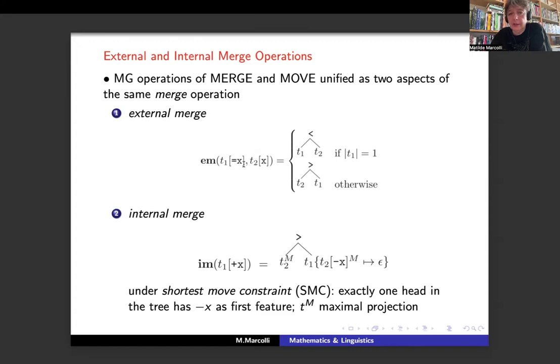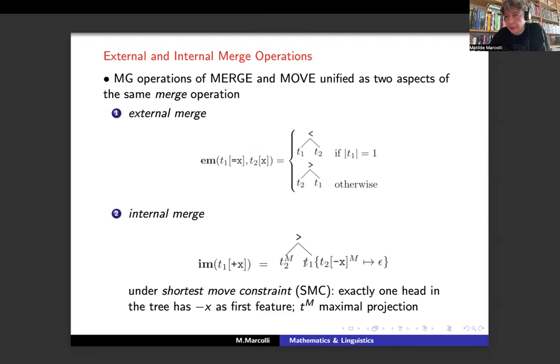External merge is again matching this type of labeled features and combining trees with a certain rule on where the direction of the head points.